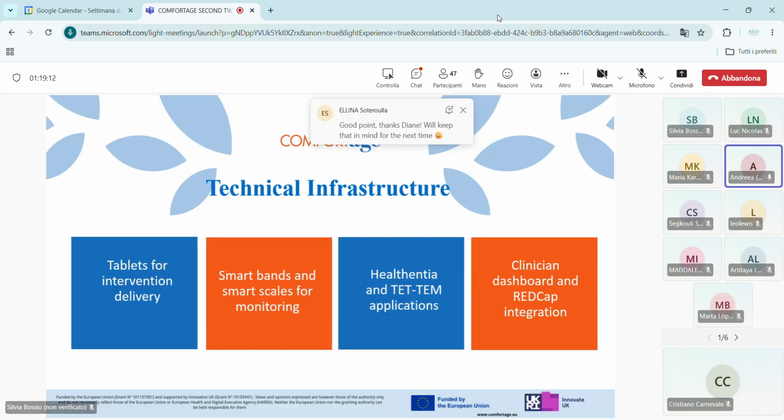We have Healthencia and TET&TEM for delivering the intervention and serving users while they are at home. And we also have a clinician dashboard, which I think is integrated with the REDCap for clinical data management and transfer. Each layer is designed to work together as a single operational system. Next slide, please.